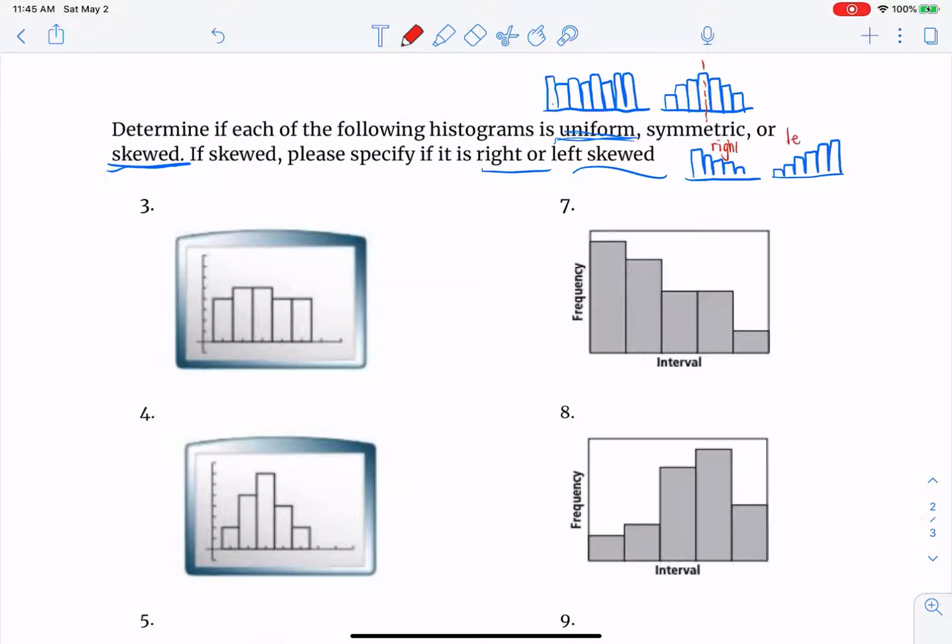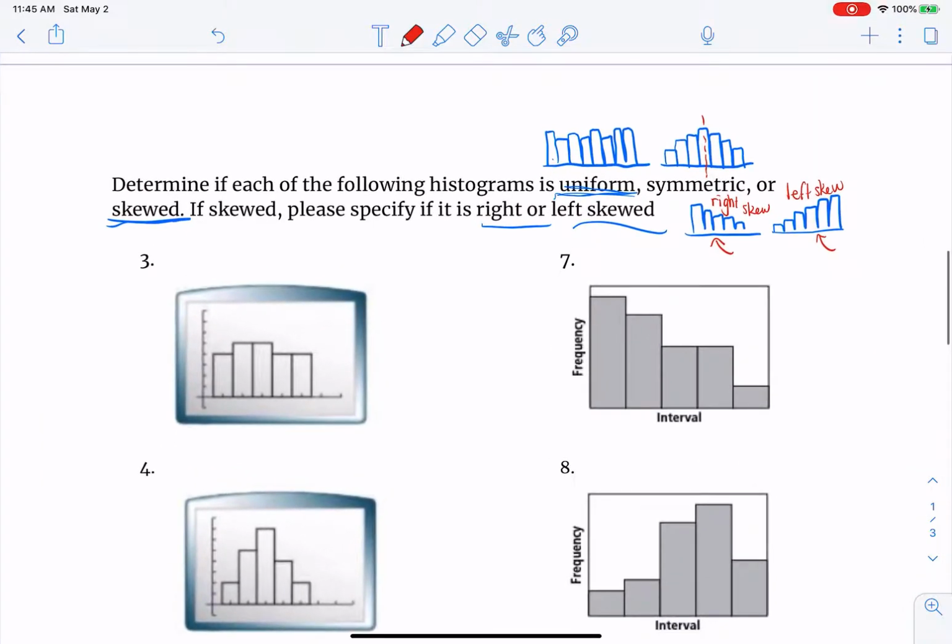And this is left skewed. So this one has a right skew, this one has a left skew. And some of these histograms we're going to look at are not exactly cut and dry like these examples that I have.